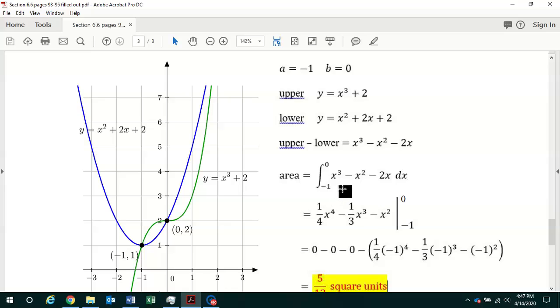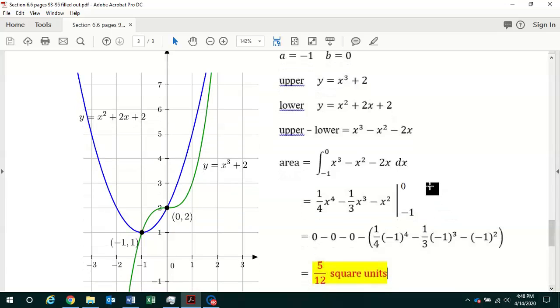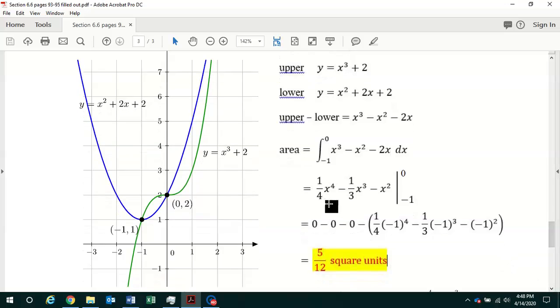The antiderivative of x cubed is 1/4 times x to the 4th. The antiderivative of minus x squared is minus 1/3 x cubed. And the antiderivative of minus 2x is minus x squared, and the limits of integration are minus 1 and 0. Well, when we put in the upper limit of integration 0 for x, each of these terms is just equal to 0.